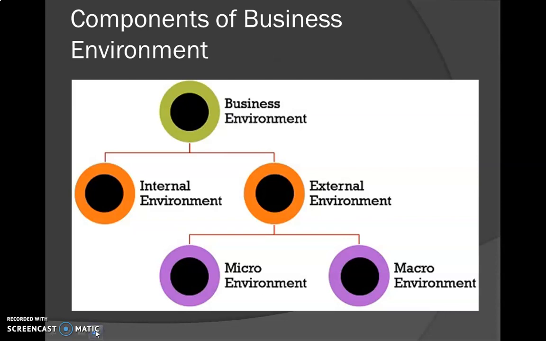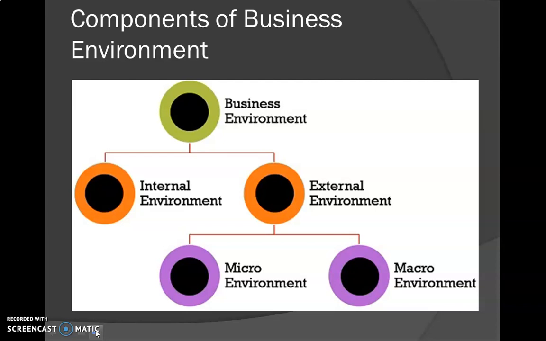Now, let's see the components of business environment, or the classification of business environment. Business environment can be classified into two, that is internal environment and external environment. Internal environment includes all those factors affecting business from within the business.